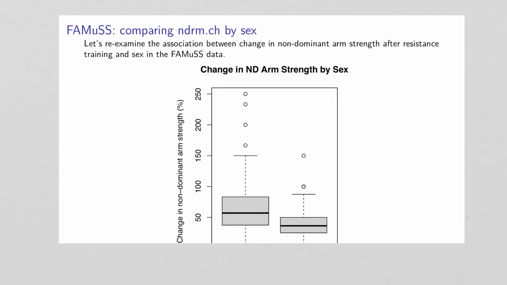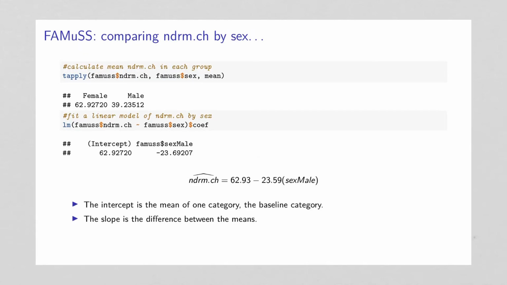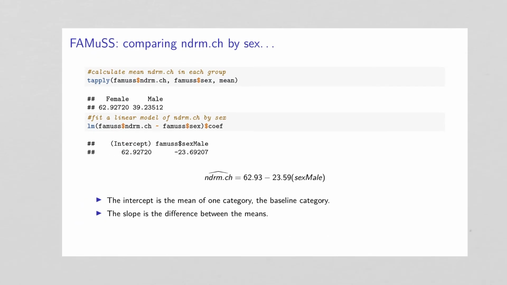So again, I apologize that this got cut off, but here we're looking at the change in arm strength by sex from the famous study. And then we calculate the mean in each group. So here's the mean in females, and here's the mean in males. Fit it to a linear model. Look at that.